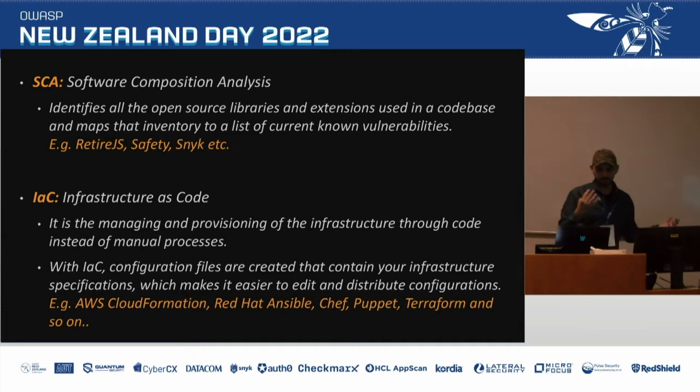Your typical IaC providers are AWS CloudFormation and Terraform, which is the one that I probably like and use on a day-to-day basis, but there are other vendors as well. So these are your typical buzzwords that you hear when you are in the DevSecOps space. There may be more, but that's all I could cover.